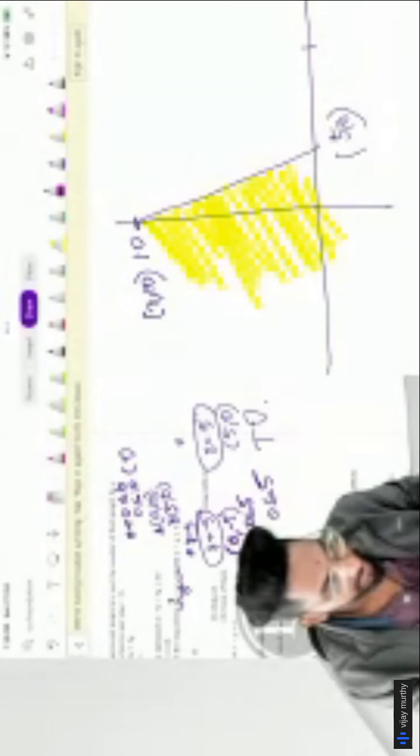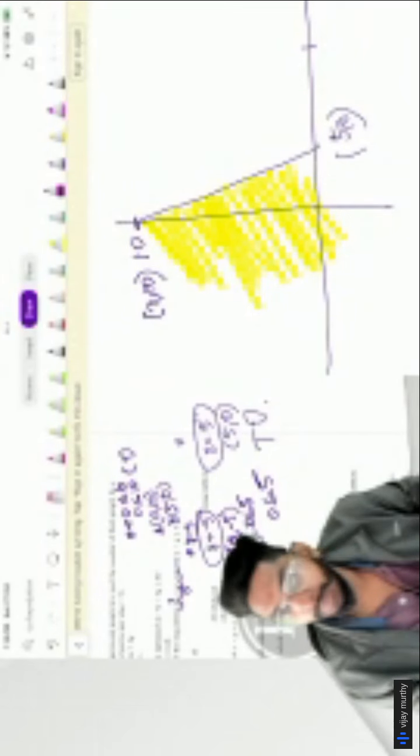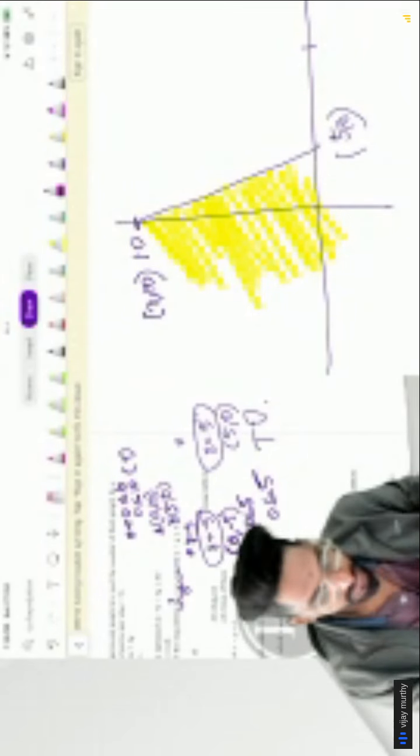What is the next value? One is (5, 0). Another one is (0, minus 5), which you get here. You will get it like this.